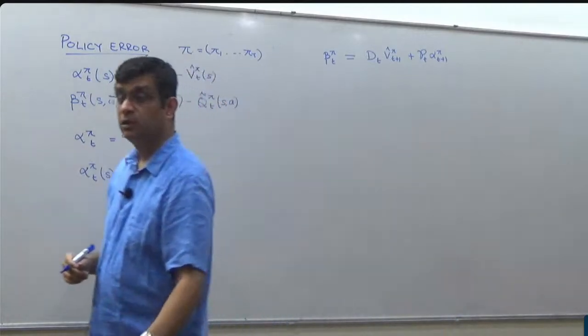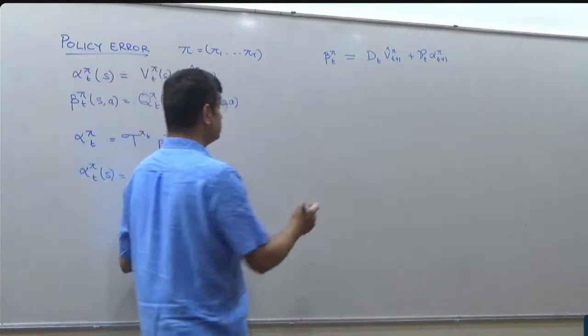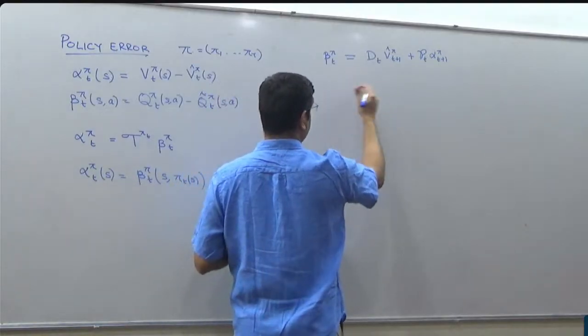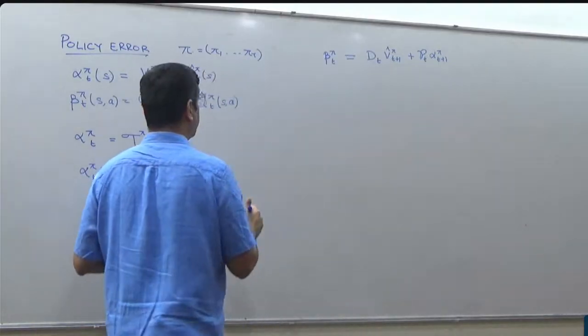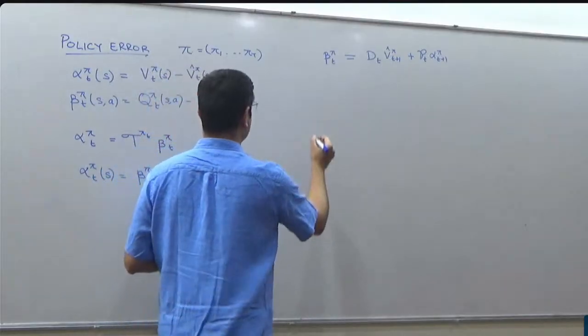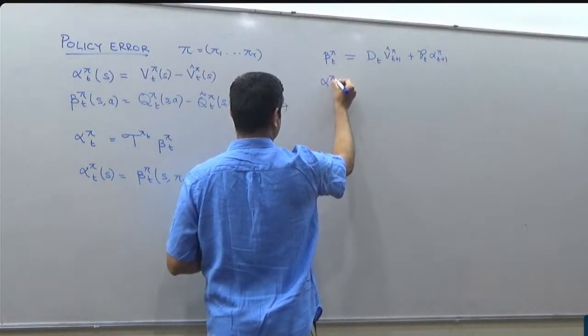Right? If I unroll this, I get basically the error bound, but I am going to take these things in terms of these two recursions. I'll write it here just so that we have both together.